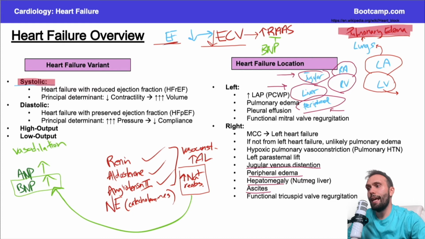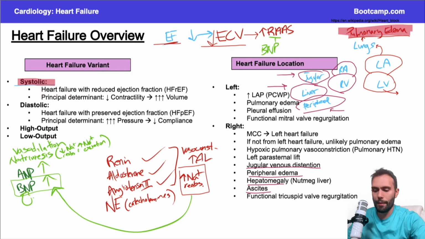And instead of retaining fluid with sodium reabsorption, we are going to have increased diuresis by getting sodium to be excreted in the urine. That's natriuresis, right? So in other words, we have decreased sodium reabsorption and increased sodium excretion. We're removing the sodium through the urine. That's what the natriuretic stands for in BNP and ANP.